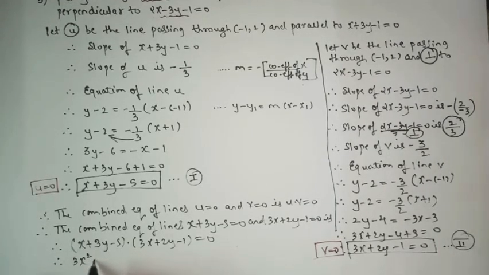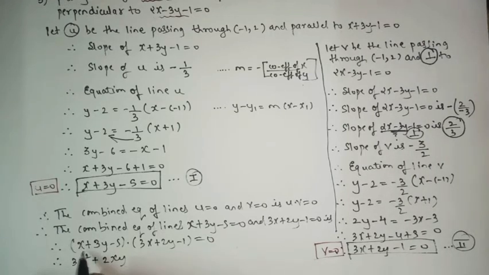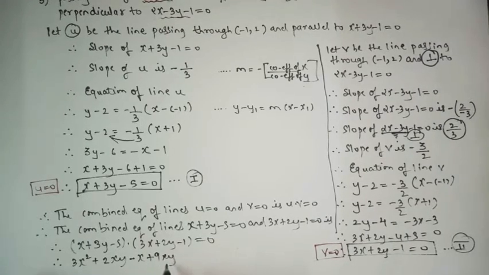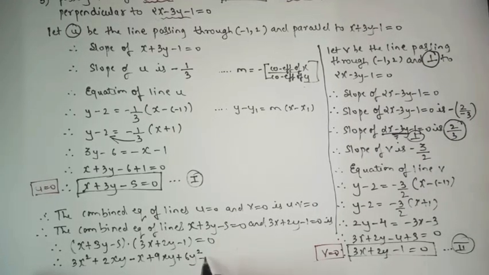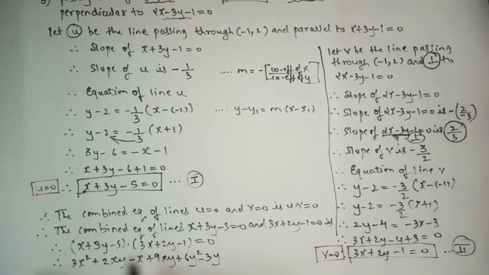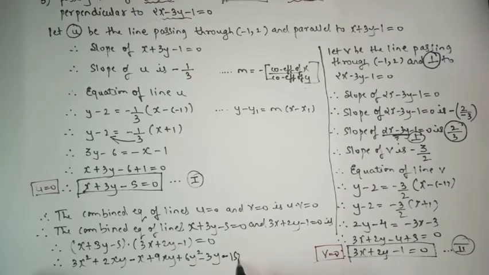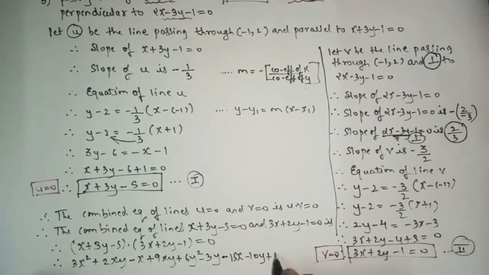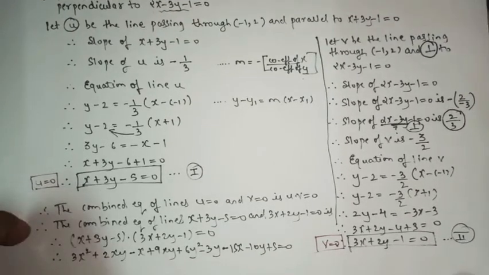3x square plus 2xy minus x, now with 3y, so 9xy, yes or no, plus 6y square minus 3y, now with 5 minus 5, so minus 15x minus 10y plus 5 equals to 0.